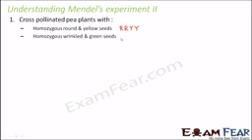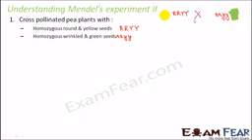And how do we denote homozygous wrinkled and green seeds? Wrinkled will be small r, and green will be small y. So these are the genotypes of the two parents: round and yellow seeds, and green and wrinkled seeds.